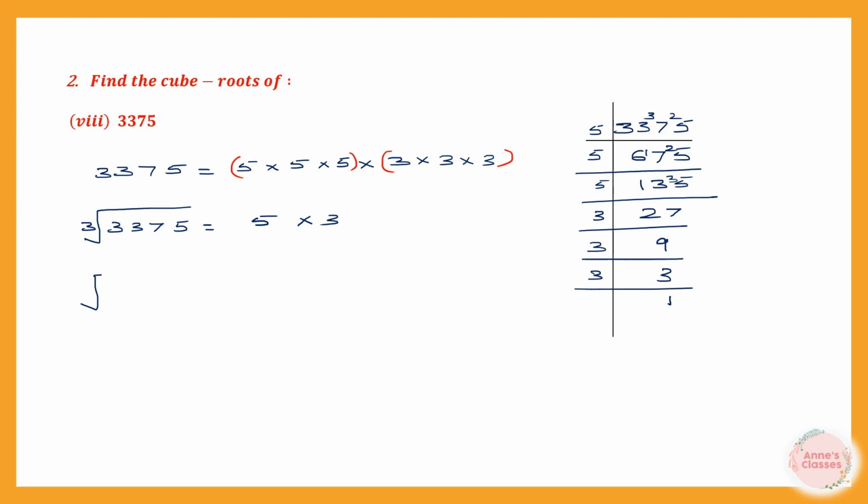So the cube root of 3375 is 5 threes, which is 15. And this is our answer. If you multiply 15 3 times by itself, you will get 3375. So this is the cube root of this number.